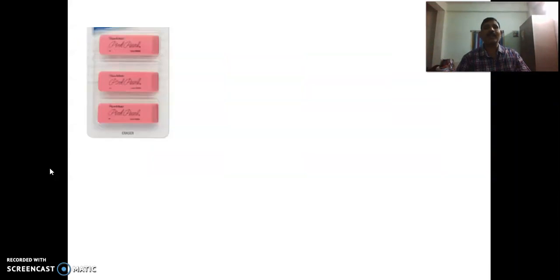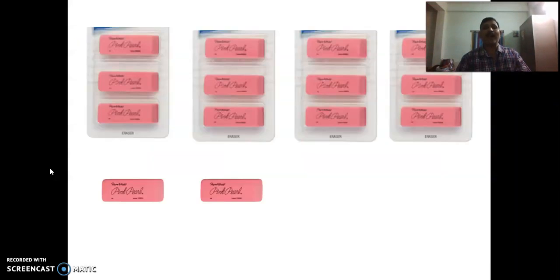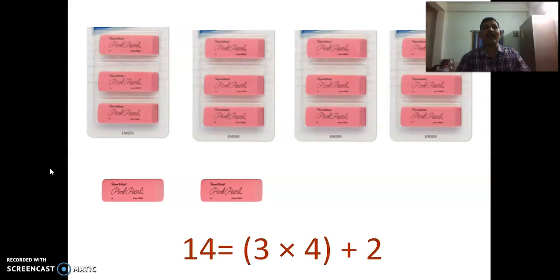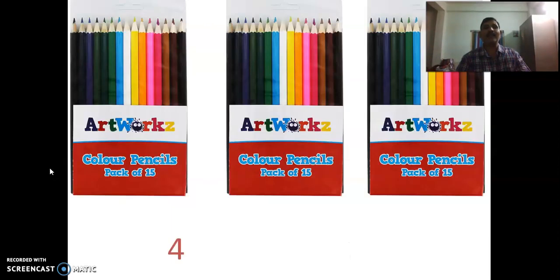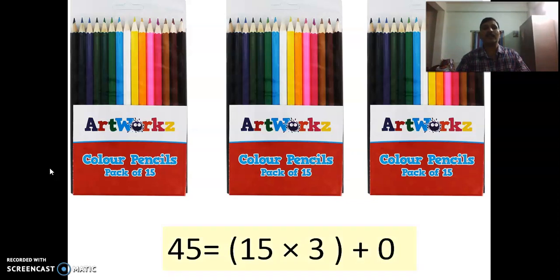In the same manner, suppose we buy erasers, right? Each packet contains 3 erasers, 4 such packets and 2 loose. So 3 into 4 plus 2, total 14 erasers. Likewise, you can see pencils. Each packet contains 15 pencils and no separate pencils are there. So we can observe total pencils bought are 45.